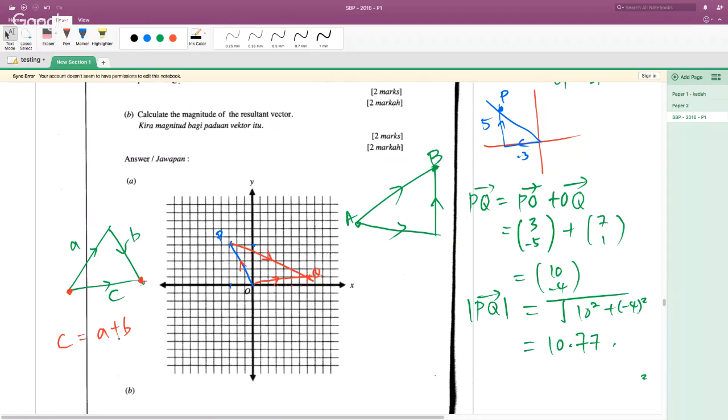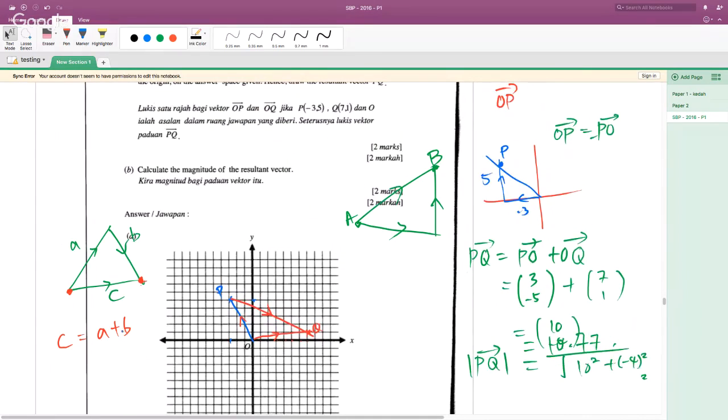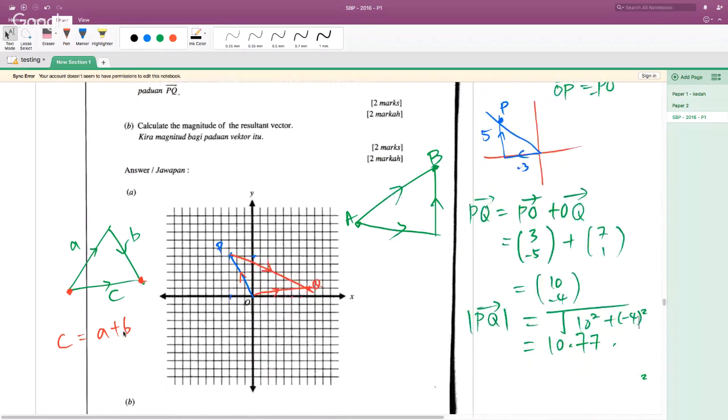But for the question at the top here, I just feel a bit weird because the first thing it asks us is to draw OP. So for OP, my arrow has to face outward. OQ, the arrow has to face outward as well. And then they ask us to draw the resultant PQ. So that means I just connect P to Q. But this arrow doesn't tell me PQ is the resultant vector.